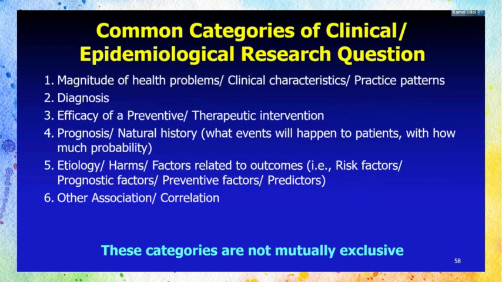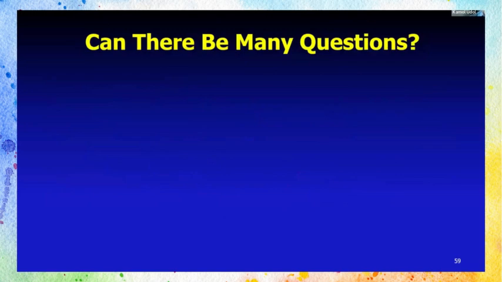Okay, so I have explained to you the 6 common categories of clinical research in the field of health science. Now, when you have a research project, we are talking about research question.